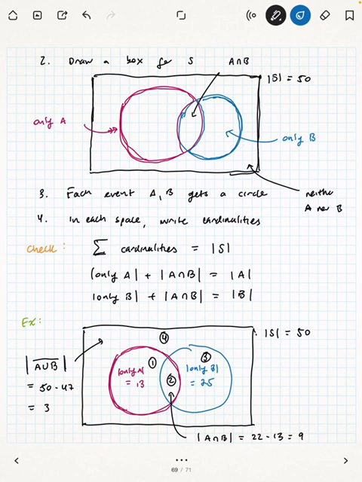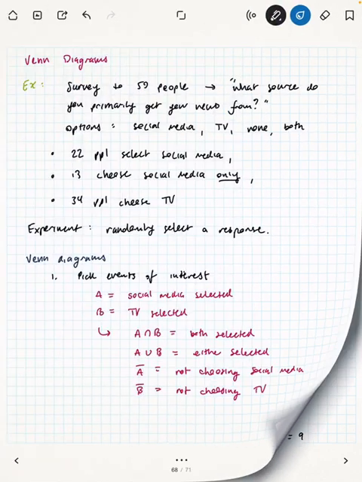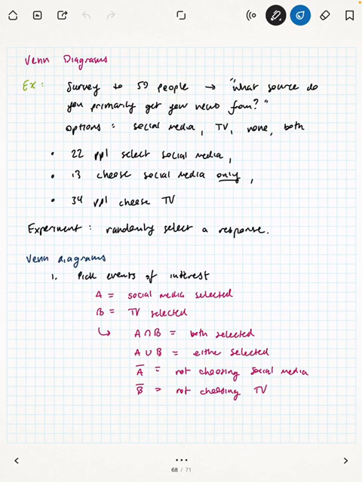Okay, so let's go back to our example. Let's put it all together. So what do we know first? We know our sample space has 50 elements in it. We know that the number of elements in only A is 13. We know that because that was given to us. 13 choose social media only.